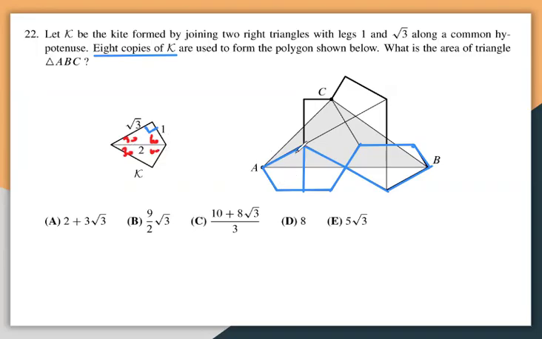In this case, this guy will be 60, so this guy will be 60. I will just write this is 60, and this is 60 as well. Same reasoning, this guy is 60, and then this guy is 60. That means this segment is actually a straight line, going all the way through, because you have 180 degrees.